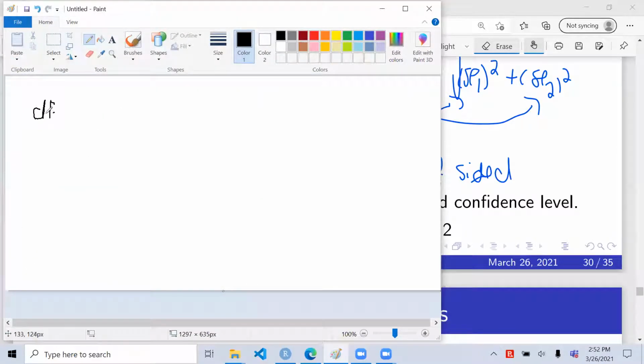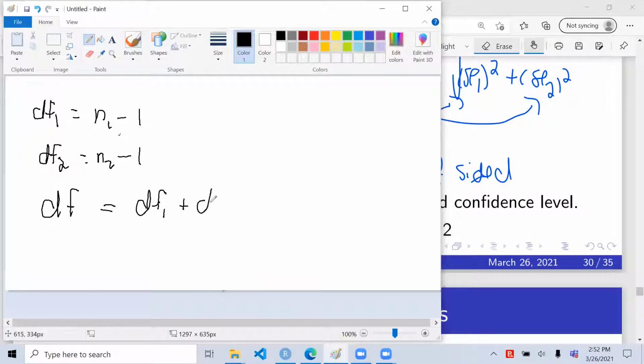Degrees of freedom 1 is equal to n1 minus 1 for group 1, right? Degrees of freedom 2 is equal to n2 minus 1. Then degrees of freedom overall is going to be degrees of freedom 1 plus degrees of freedom 2, for a difference of means.